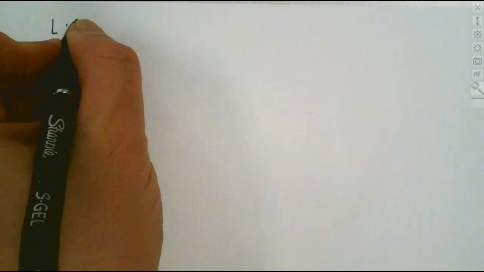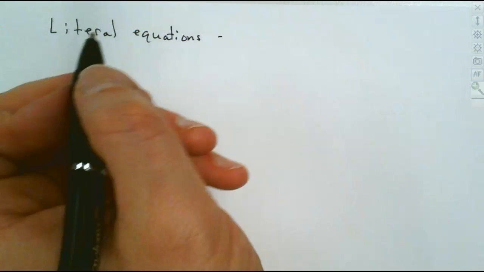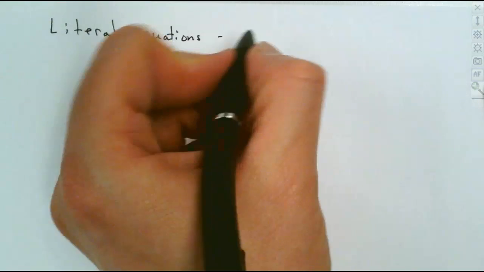So literal equations have more than one variable. So they're equations that have more than one variable.